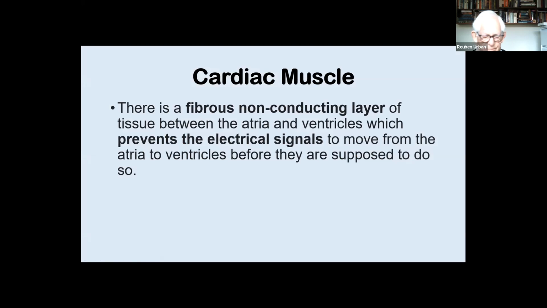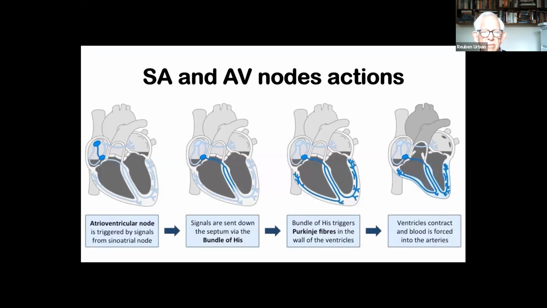Let's go back one sec. Remember here, we've got the atria. Oops, wrong one. Atria contracting, and then there's a delay for the ventricles to contract. If you think about it, if they're all one unit, why isn't the signal to make these contract also contract these?